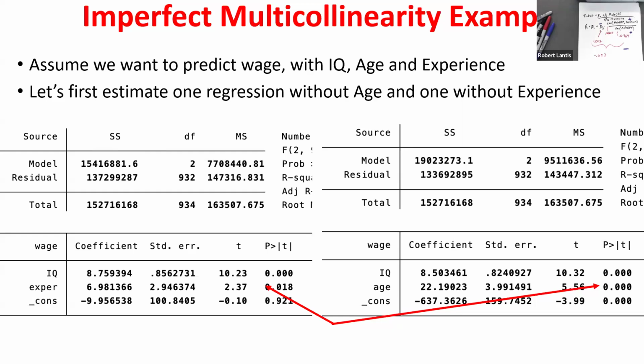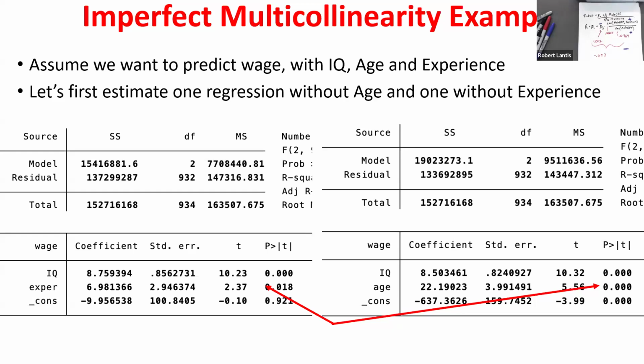It's not surprising, and it's statistically significant at the 90 and 95% level. Age also looks like it's having a positive effect on my predicted wages, and it's statistically significant at every level, right? The p-value is 0.